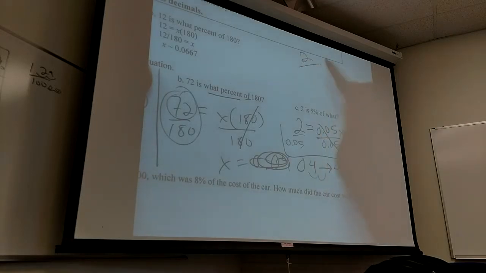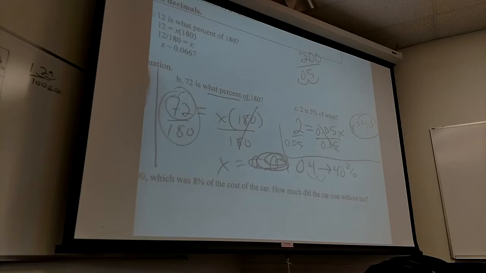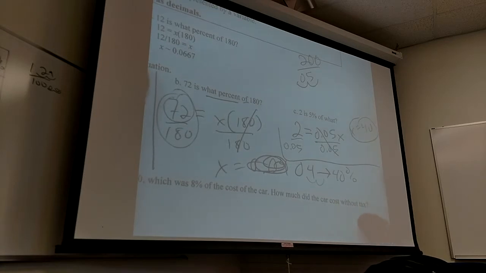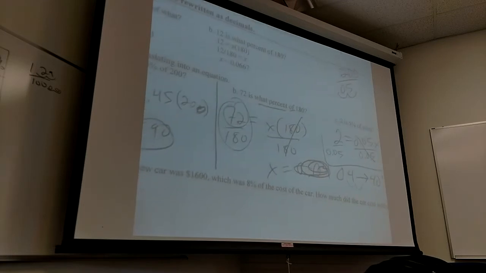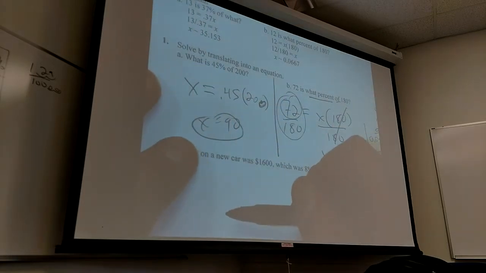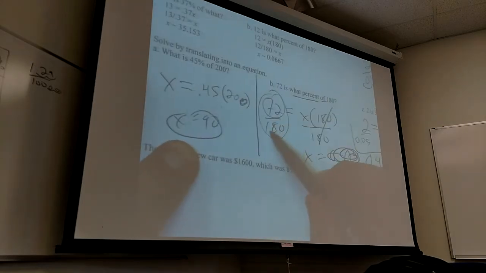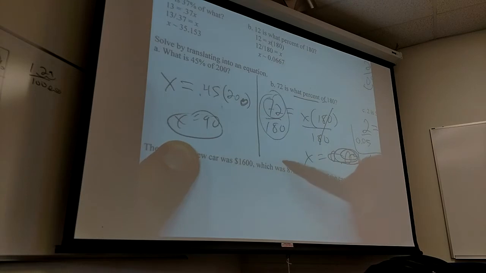Watch this real quick, watch. See what I did in my head? It's 2. If I move it over twice, I gotta move this over twice. It's 200 divided by 5, which is 40. How come you did it on the other one? Say again? You didn't move over the small one first time. Oh, I didn't really need to, because I'm not dividing any decimal, so there's nothing to move.